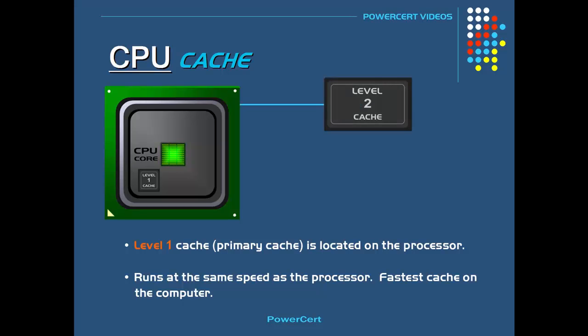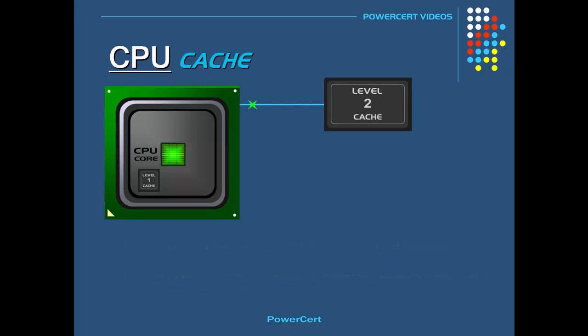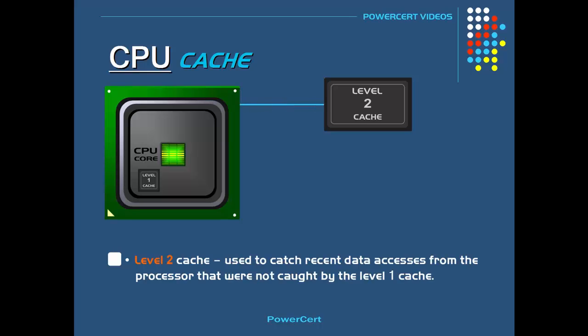And there is also level 2 cache, which is also called external cache. And level 2 cache is used to catch recent data accesses from the processor that were not caught by the level 1 cache. So in a nutshell, if the CPU can't find the data it needs in the level 1 cache, it then searches the level 2 cache for the data.